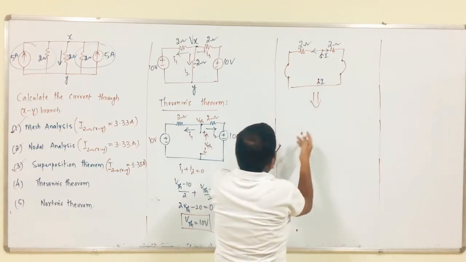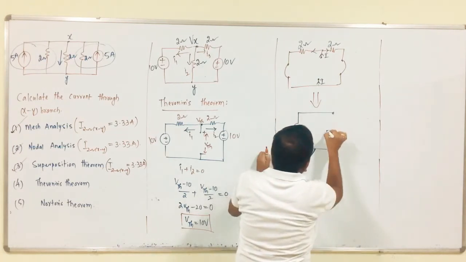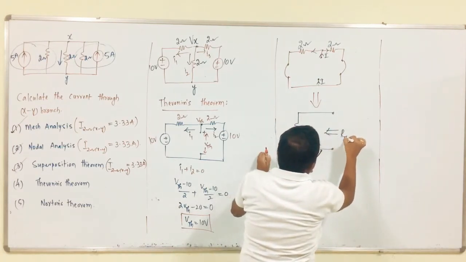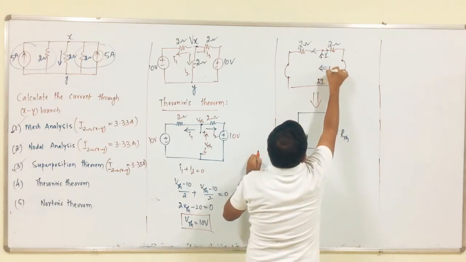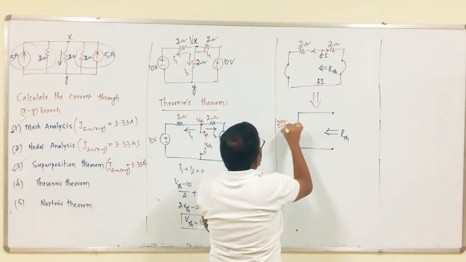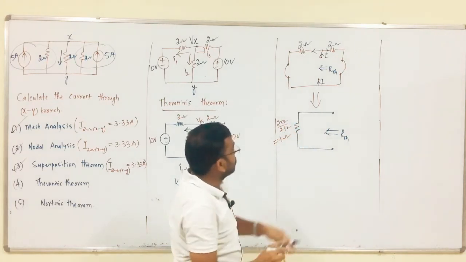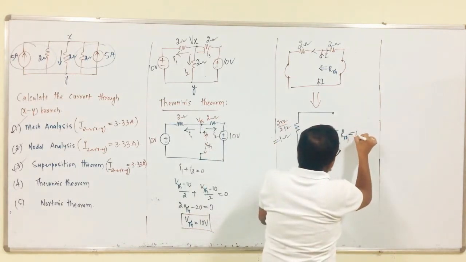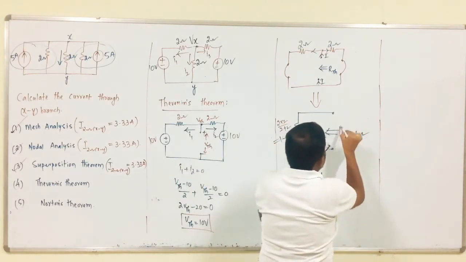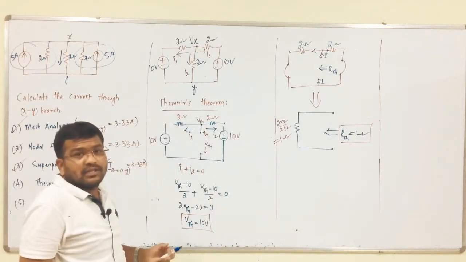From this we can conclude that those two are connected in parallel, and between this we have to calculate RTH, which equals 2 into 2 by 2 plus 2, which equals 1 ohm. The RTH equals 1 ohm. Okay. Now, we have VTH and RTH.